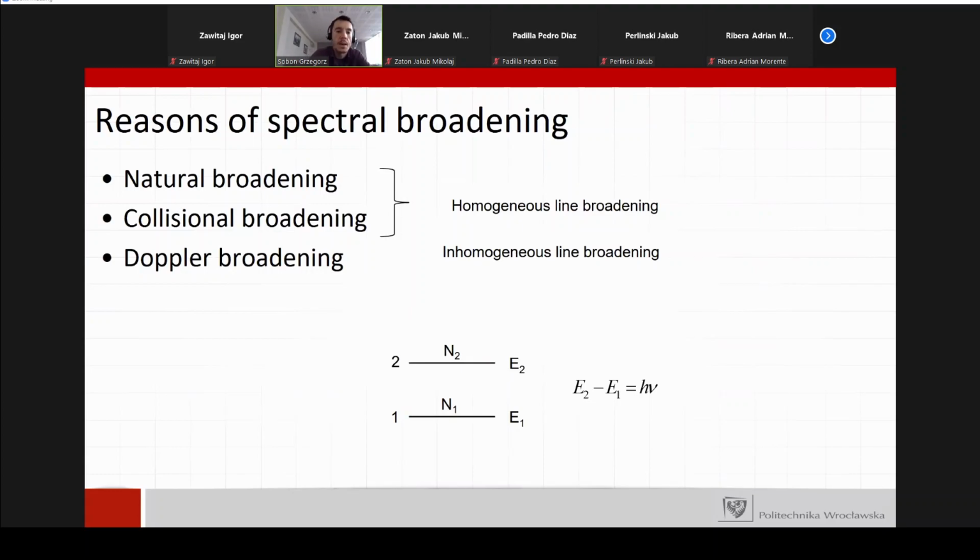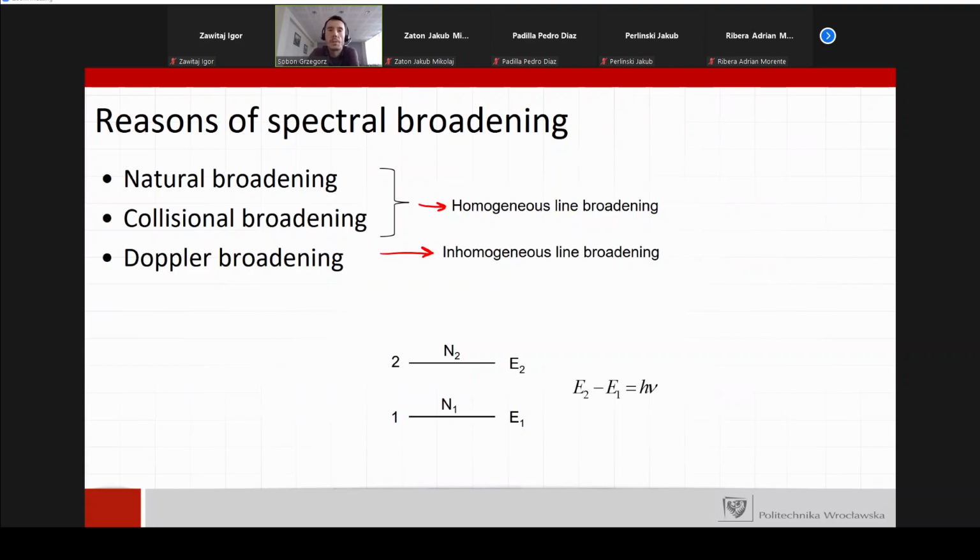So generally we have three reasons of spectral broadening in lasers. So-called natural broadening, collisional broadening, and Doppler broadening. And I will briefly describe all of these reasons of broadening. The first two of them are referred to as homogeneous line broadening, and the Doppler broadening is inhomogeneous.